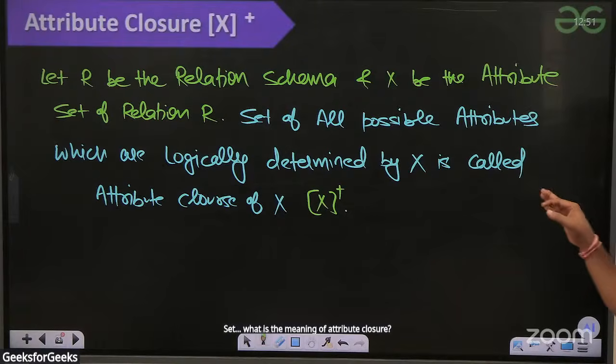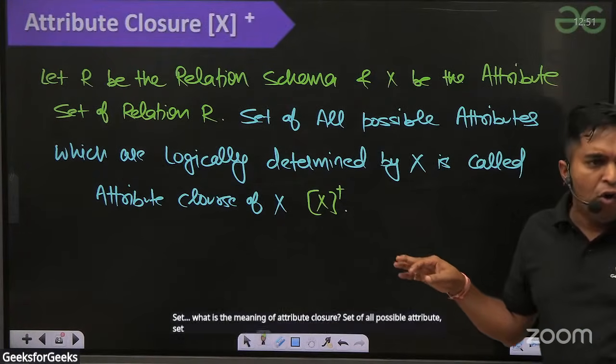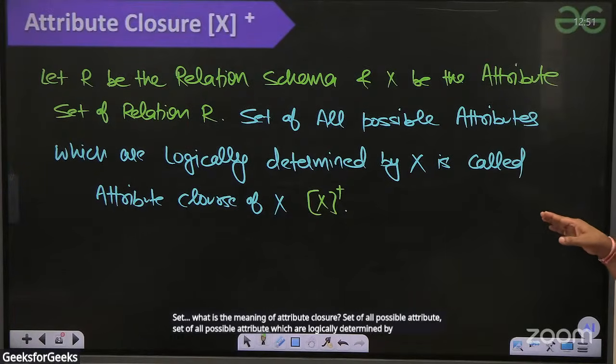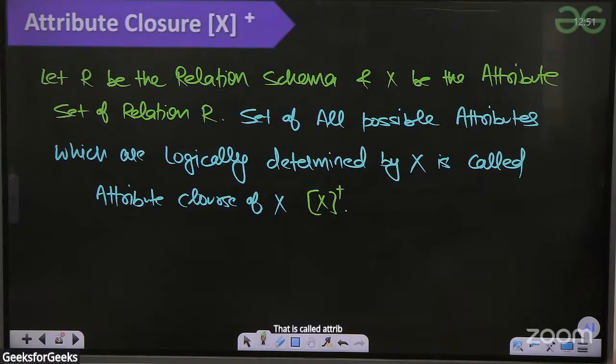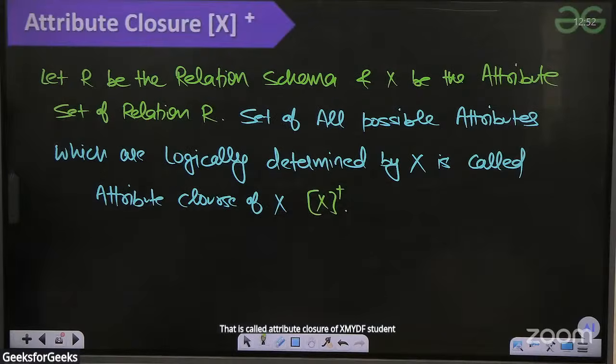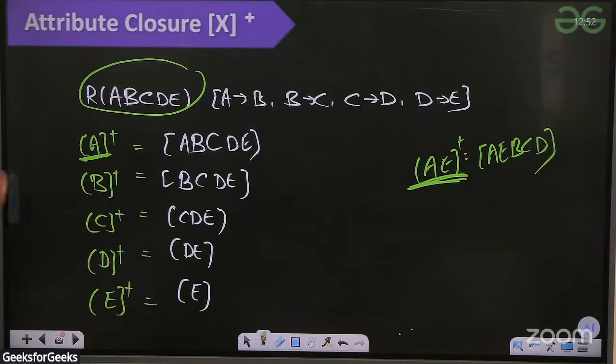The set of all possible attributes which are logically determined by X is called the attribute closure of X. Done? Now, note down this example.